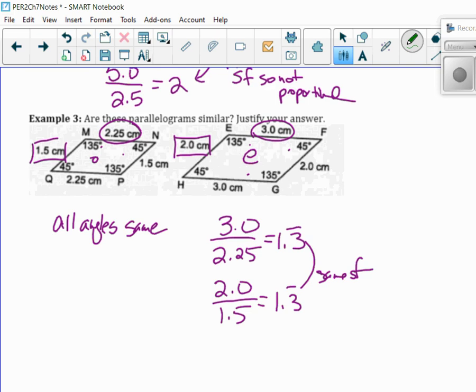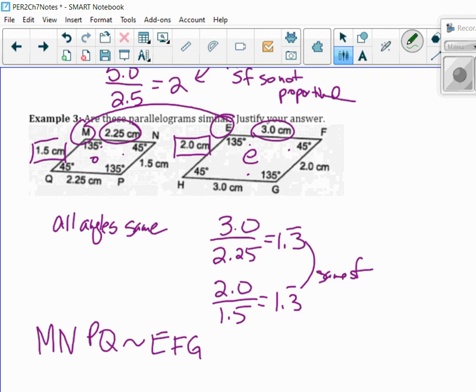I'm going to start with M, go alphabetically: M, N, P, Q is similar to, and because I started with the M, this is the corresponding part. So that's E, F, G, H. So that is how we write it.